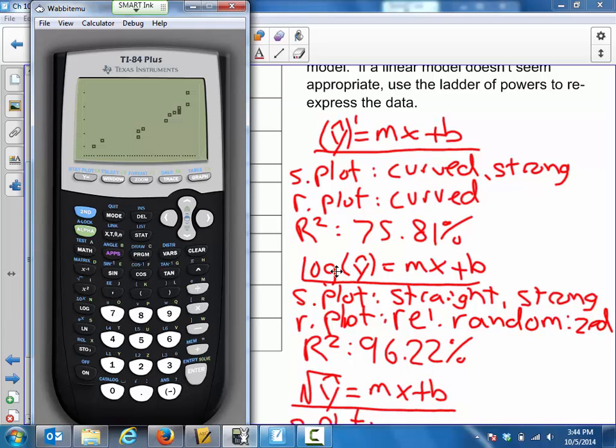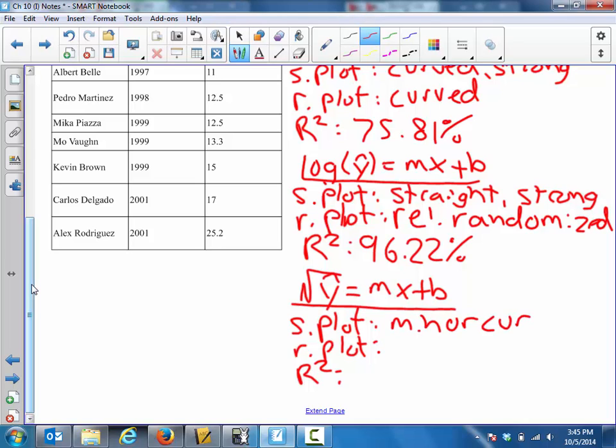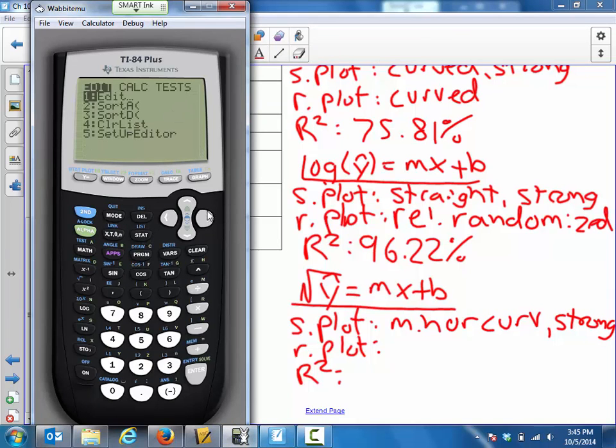All right, so there's your data. The scatter plot has some minor curvature, and I'm seeing a strong association in the data.